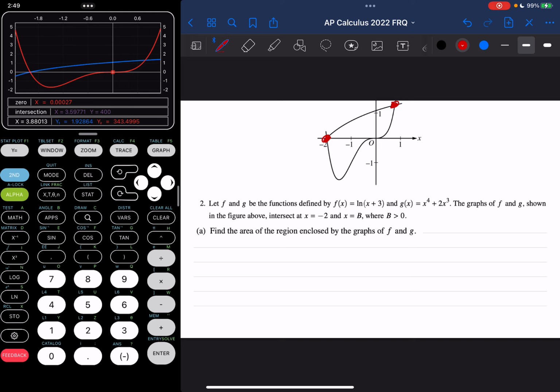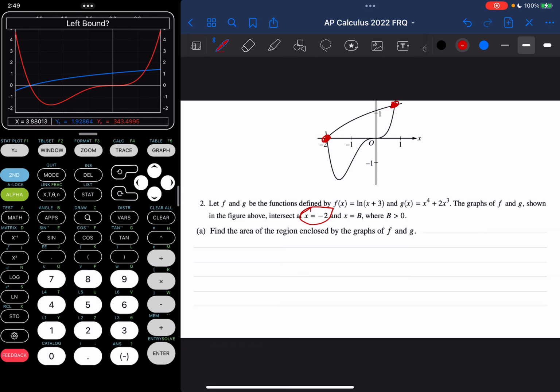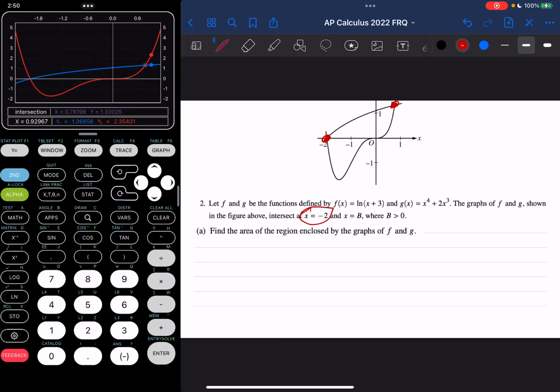All right, so now they do tell us right here that they intersect at -2 and x equals b. So we have to find where b is. So we're going to use our intersect command. And okay, so my x's are way too far out. So there we go. Press enter. It's right there.